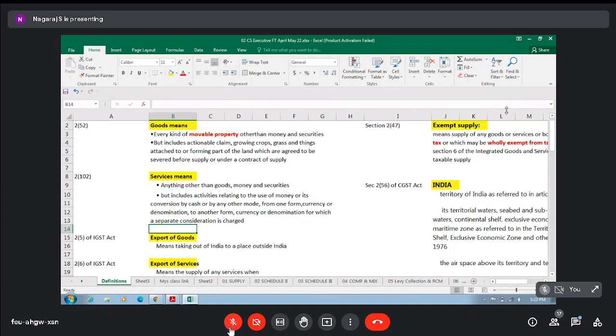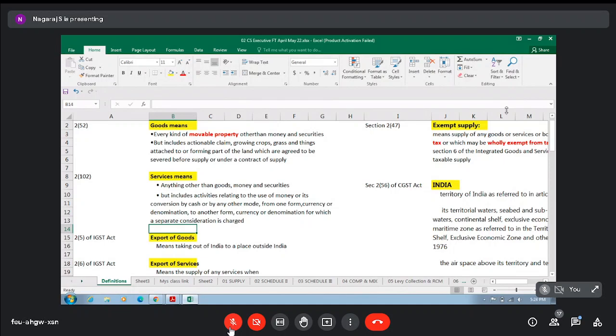Money is not subject to GST, but for that conversion, the use of that money for conversion or denomination change, if a separate consideration is charged, then it is chargeable to GST. It means the service charges he receives for that service are liable to GST.